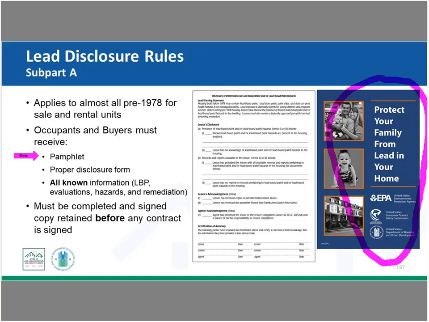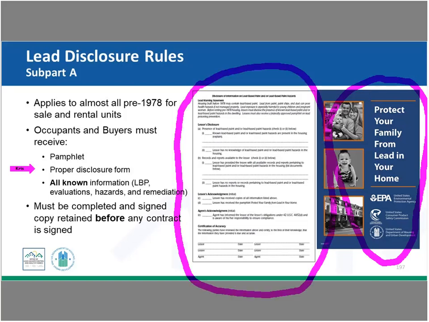We also need to be sure that the proper disclosure form is being used. We did show this form when we were back together in the first week. It's the Disclosure Notice of Information on Lead-Based Paint and Lead-Based Paint Hazards. There's one for sale housing, and there's also one for rental housing.